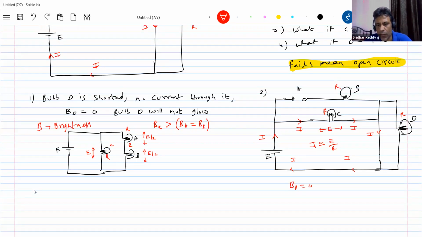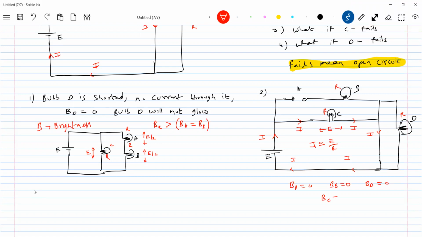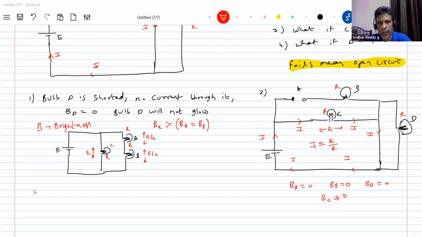A will not glow, B will not glow, D will not glow, and C will have maximum brightness. When this bulb fails, you have to assume it like this. This is the condition.